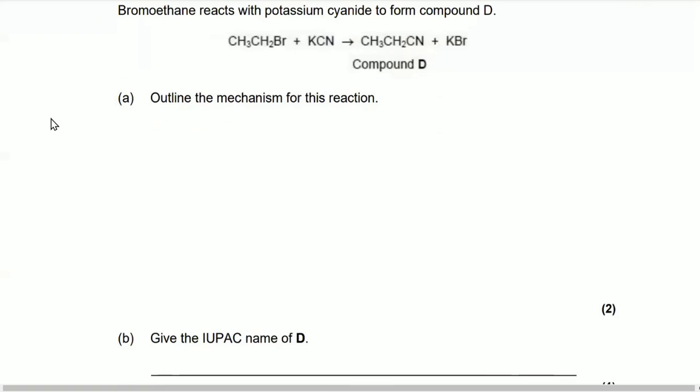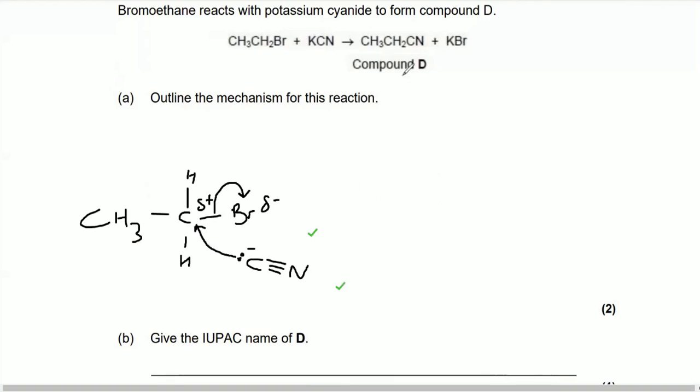Well, let's bring the picture back up that we just made for the mechanism. And it is CH2, and we've got another carbon. There's 3 carbons. We've extended the carbon chain using cyanide. So it's now propanenitrile. However, you must include the E. Often with alkanes, you will drop the E at the end of the propane.